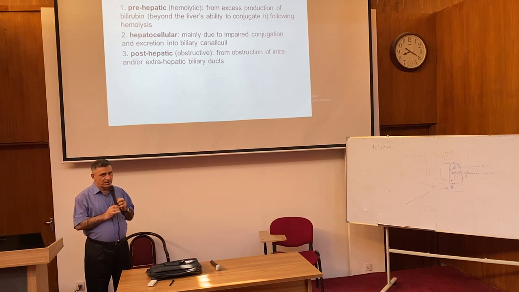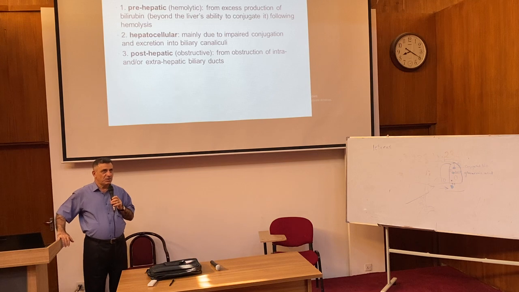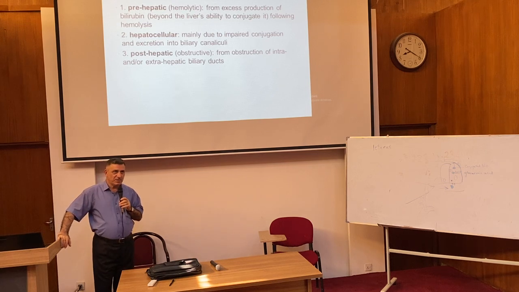Jaundice is due to accumulation of bilirubin. Bilirubin has two types, unconjugated and conjugated bilirubin.